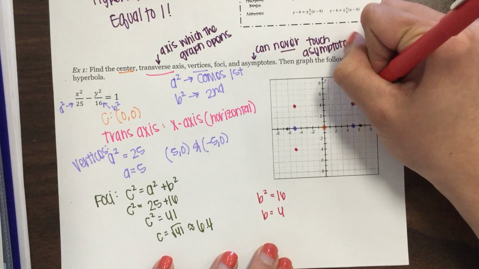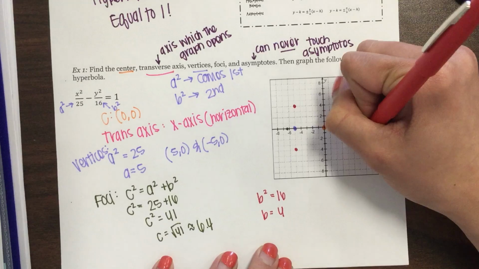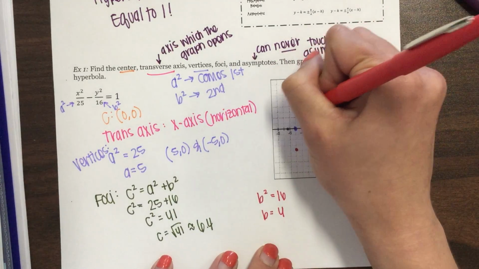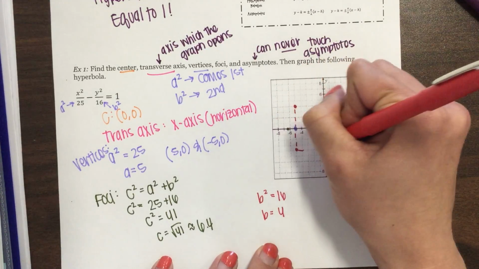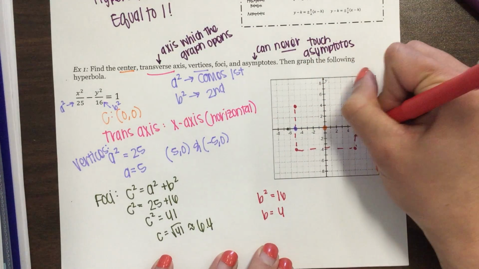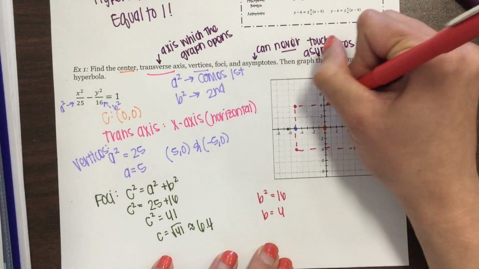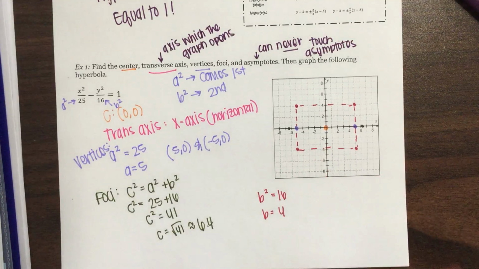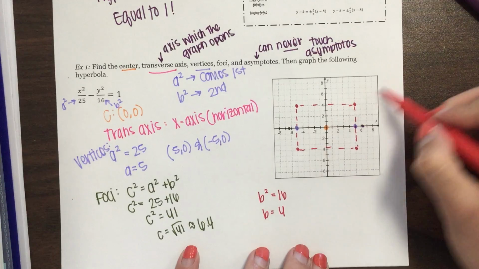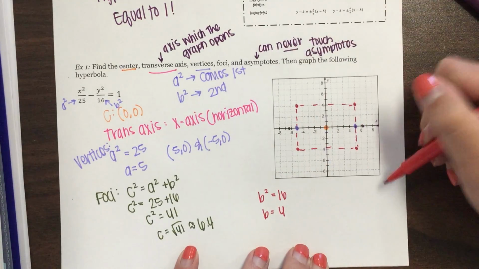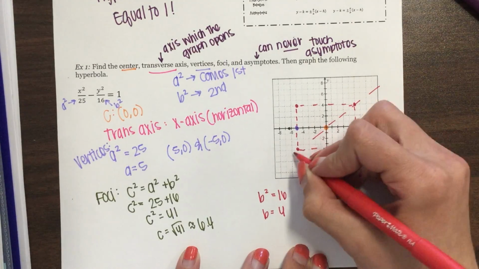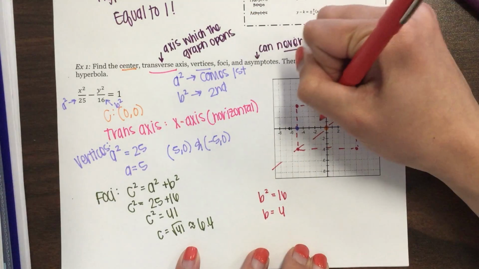And now I have a little rectangle. I'm going to draw a dotted line all the way around this rectangle. These aren't my asymptotes yet, but they're going to help me find them. So I'm going to connect these corners with lines, and these are still just dotted lines. That goes out this way, that goes out that way.